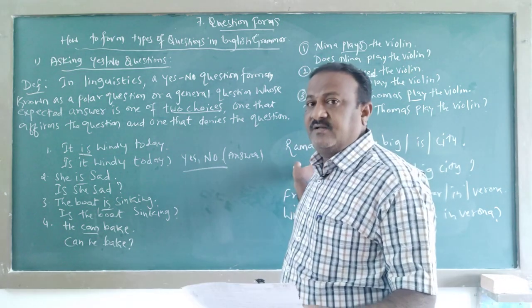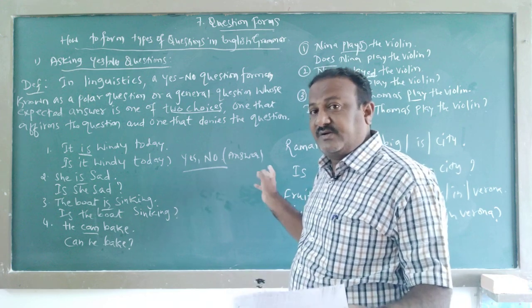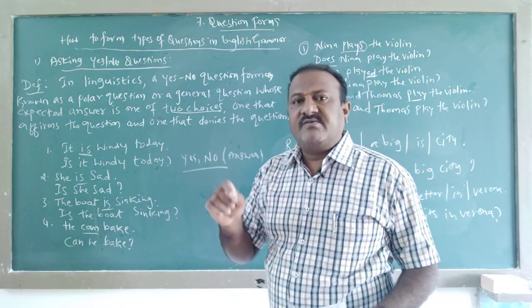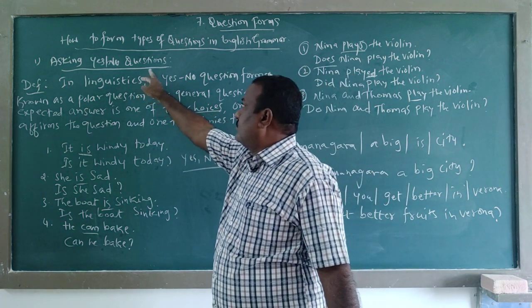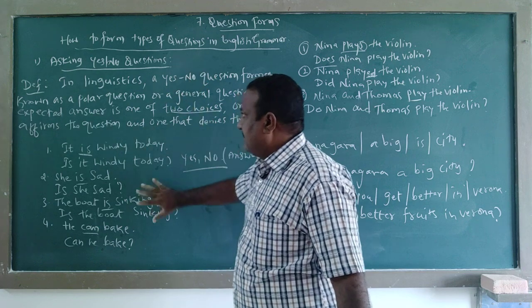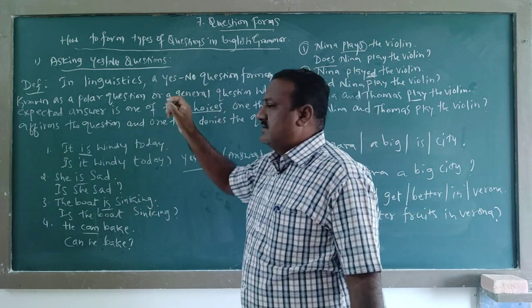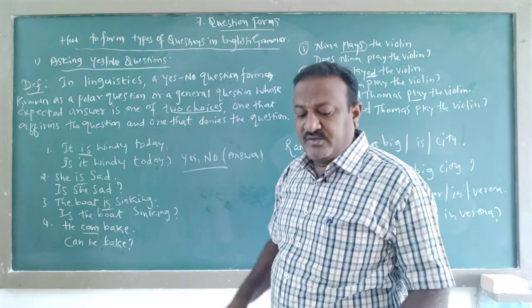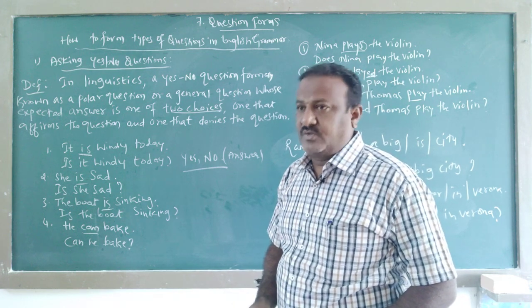After that, another type: rearrange the jumbled segment into yes or no questions. Ten examples are given in your workbook related to yes or no questions, with definitions explained. Easily you will be doing it in your workbook.